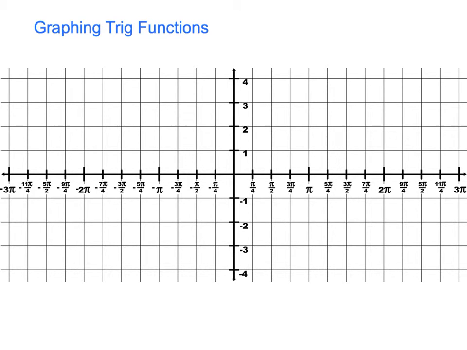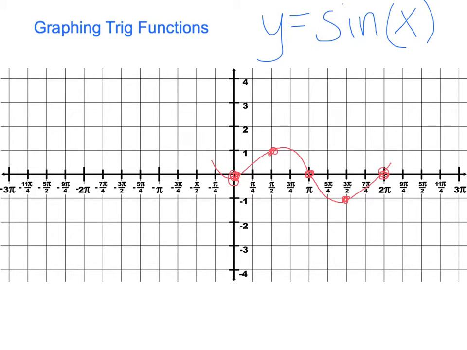Now let's move on to sine graphs. Once again, we're going to do the most basic sine graph, y equals sine of x. Now that I've plotted the points for the sine graph, you can see that it's very similar to a cosine graph, but there are some differences. As you can see, it starts at the point (0, 0), and then goes up, and crosses over the point pi over 2 at 1, and then goes through pi, and then goes down to 3 pi over 2, and then begins back up.